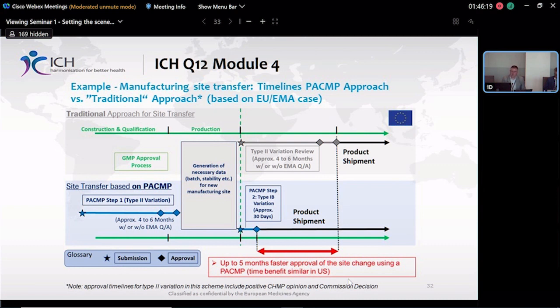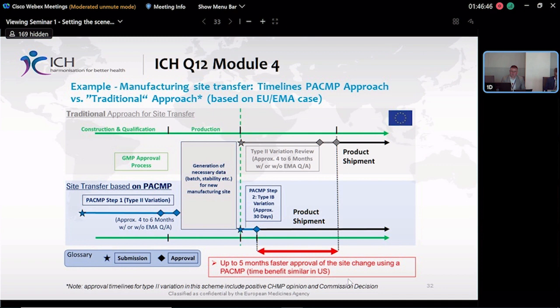Then you go into production, where you're manufacturing at the new site, you're generating your data, you have your GMP approval process, your inspections are happening. Then once you have all the data from your production, you submit a Type 2 variation for review, which would take 4 to 6 months with questions and answers, etc. You get the approval, and then you can ship the product.